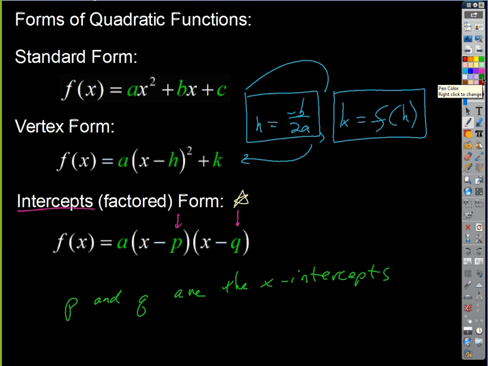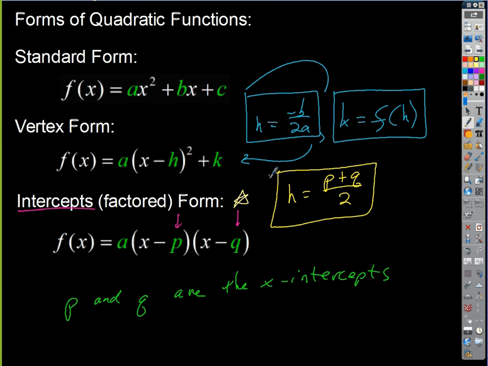Here's another thing you got to know, which you can add to your list of items that are going to be on that quiz we're doing Friday. We have to know also that H is equal to P plus Q divided by 2. It's the average of P and Q, right? And that's how we go from here between these two, right?